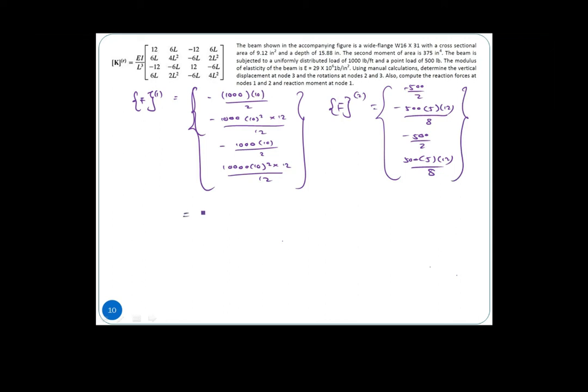So it gives us negative 5,000 pounds, negative 100,000 pound each, negative 5,000, negative 100, sorry, positive 100.